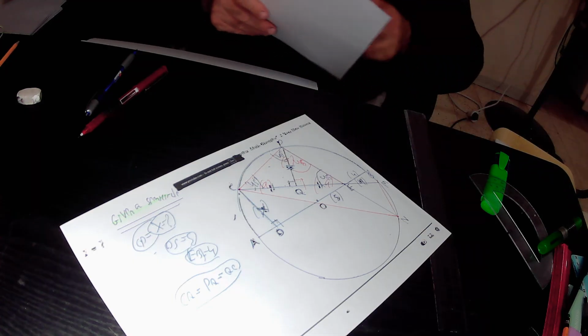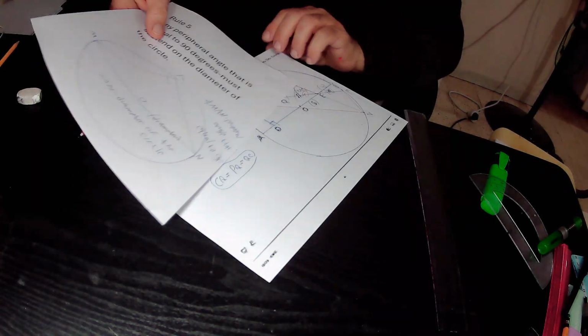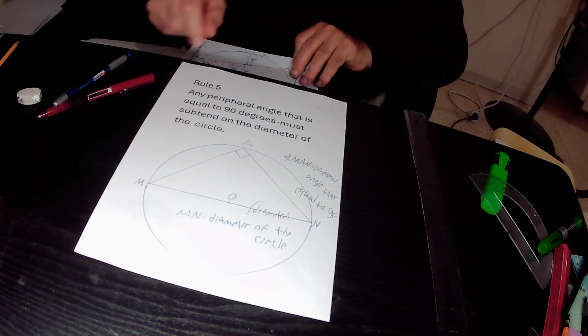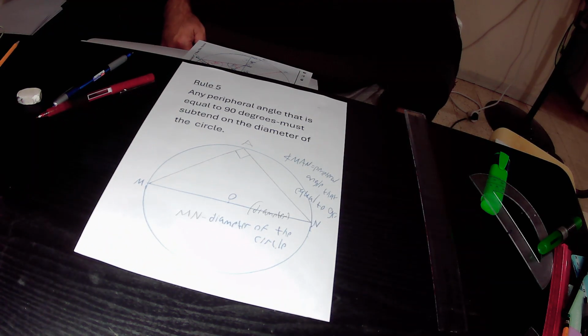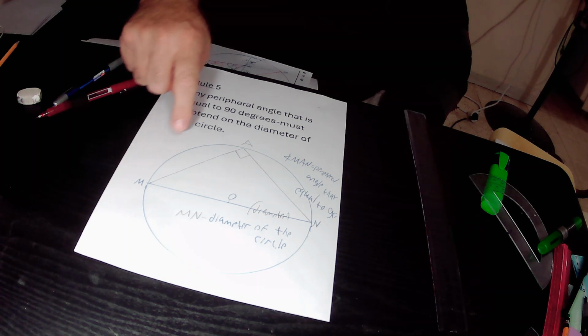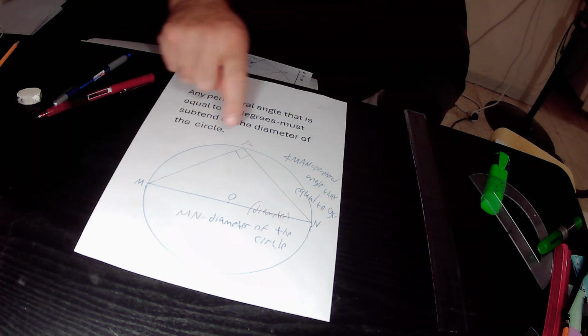According to rule 5, any peripheral angle equal to 90 degrees must subtend on the diameter of the circle. In the drawing we have a circle. This is peripheral angle MAN. We know that peripheral angle MAN equals 90 degrees.